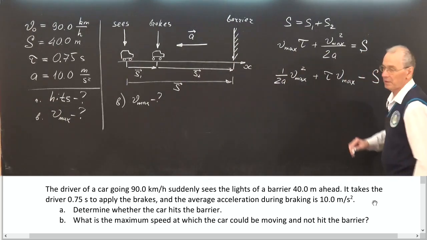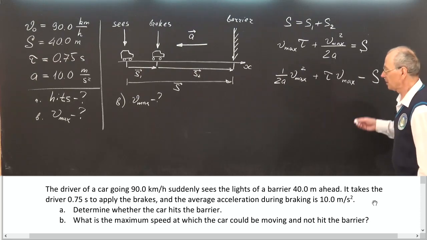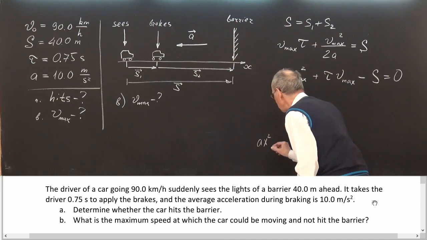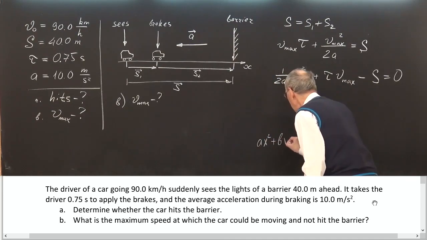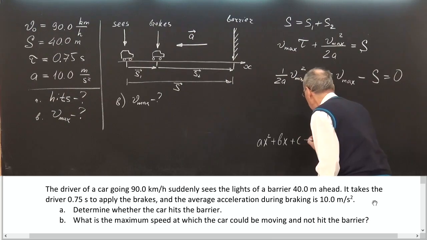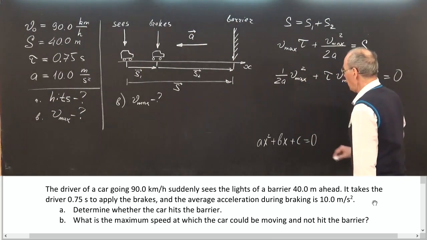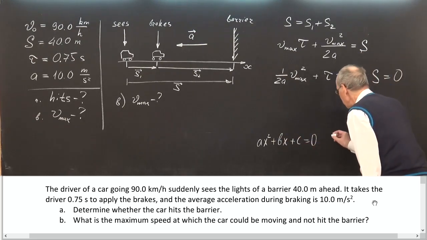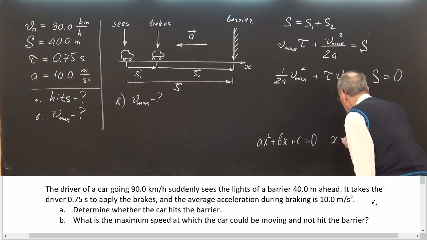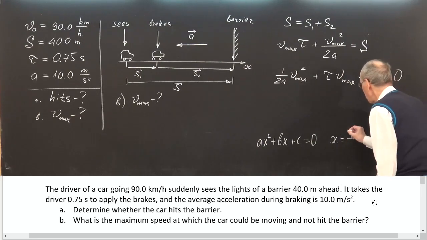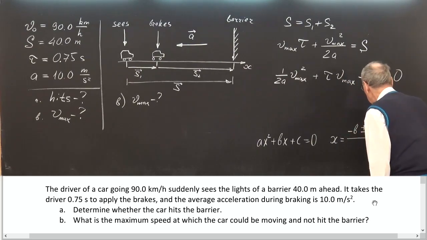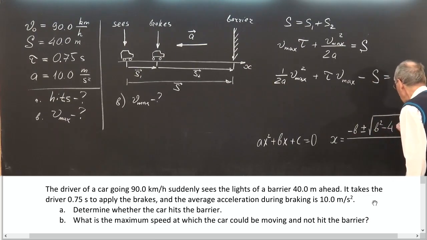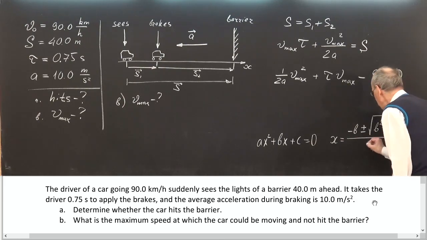Let's compare it with the quadratic equation in the standard form, ax squared plus bx plus c equals 0. The formula for the roots of this equation is x equals minus b plus or minus the root of b squared minus 4ac, over 2a.